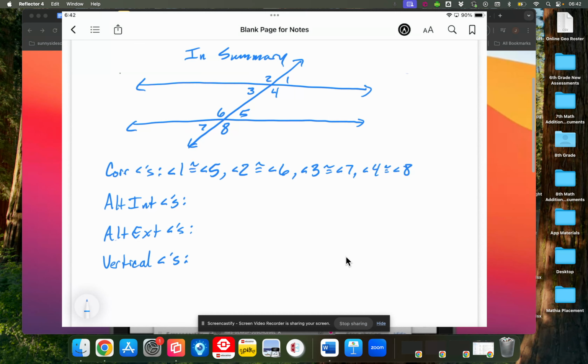Alternate interior angles. This one's a tiny bit more difficult to see, so I will circle them and then delete my marks. I'm going to start with angle 3. That is on the opposite side of the transversal and across the figure, inside the parallel lines is angle 5. So angle 3 is congruent to angle 5 because of alternate interior angles.